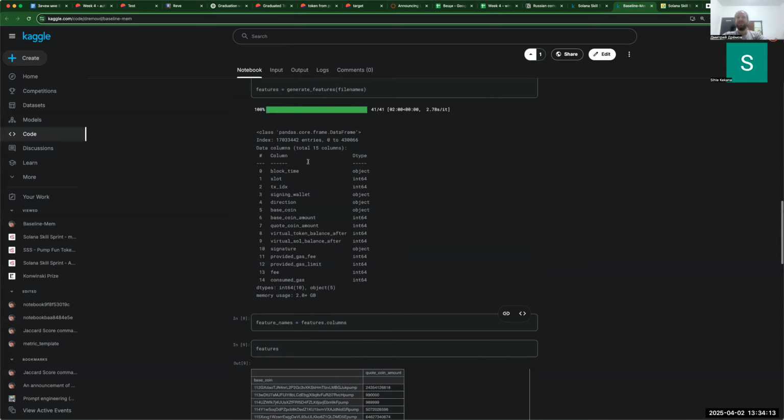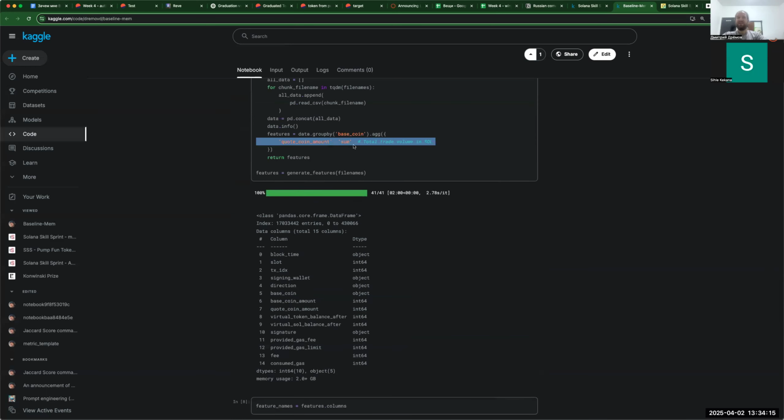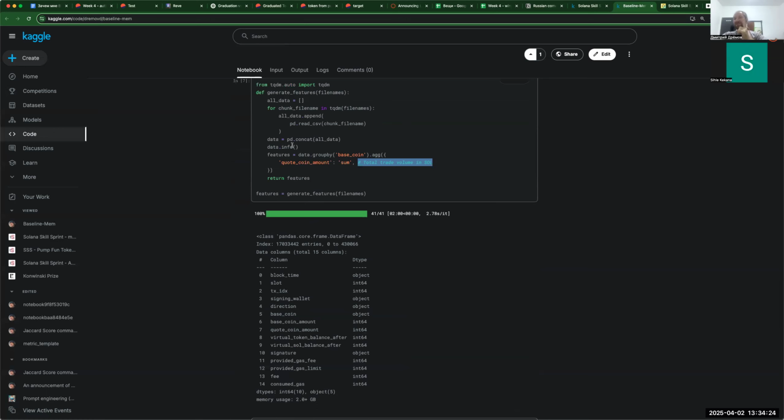But here, just for the sake of the example, to give you a baseline framework for how to approach the features, there's only one feature, and it's just the sum of all the volume of the token.